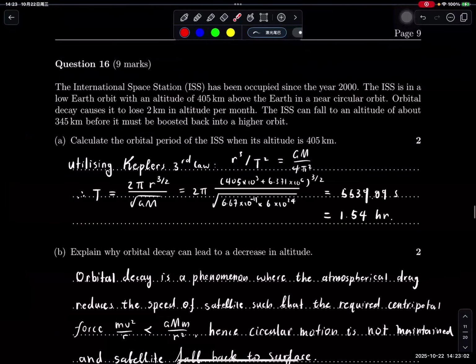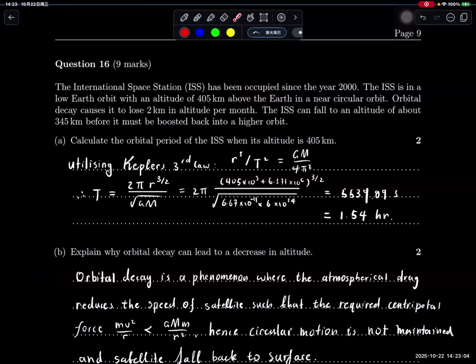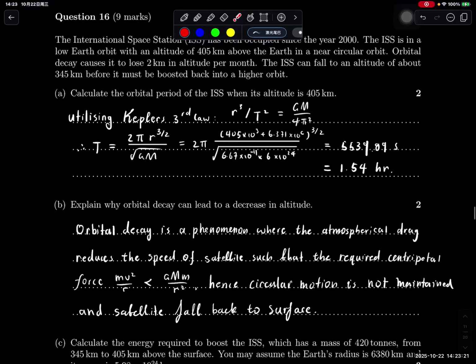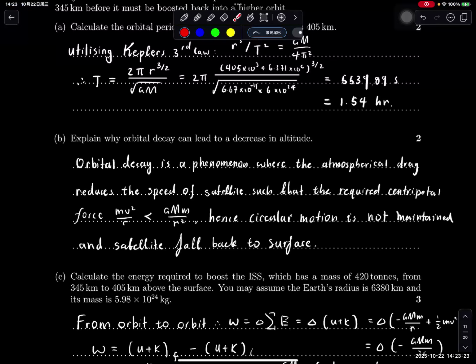Question 16. The International Space Station, the ISS, is in low Earth orbit with an altitude of 405 km, and a bunch of orbital parameters. Calculate the orbital period. That's just Kepler's law. B is to explain orbital decay, so you want to define it first.